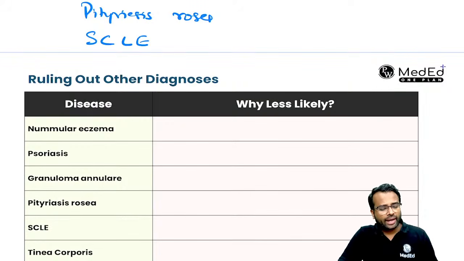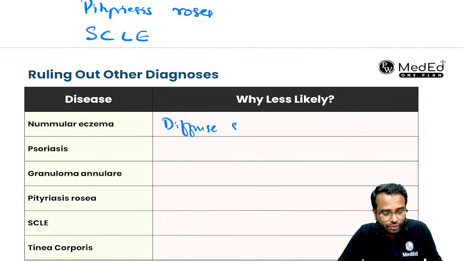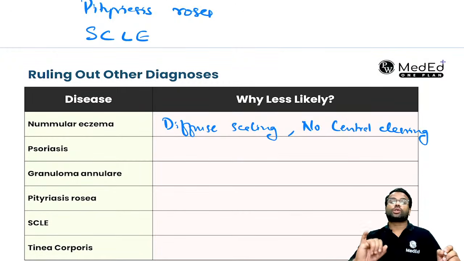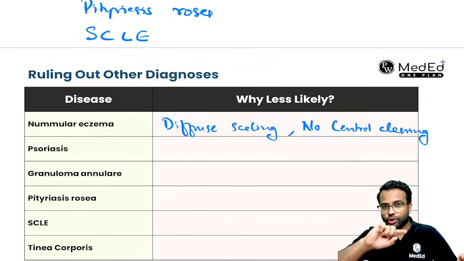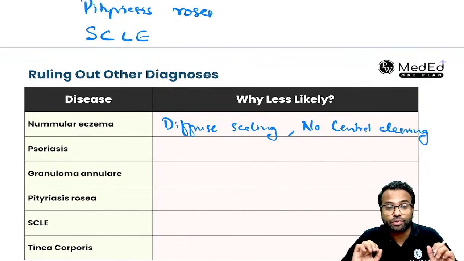In nummular eczema the scaling will be diffuse scaling, and you definitely will not see central clearing. No central clearing can be seen in a discoid eczema or a nummular eczema. Over the entire lesion you will be able to see a diffuse scaling.